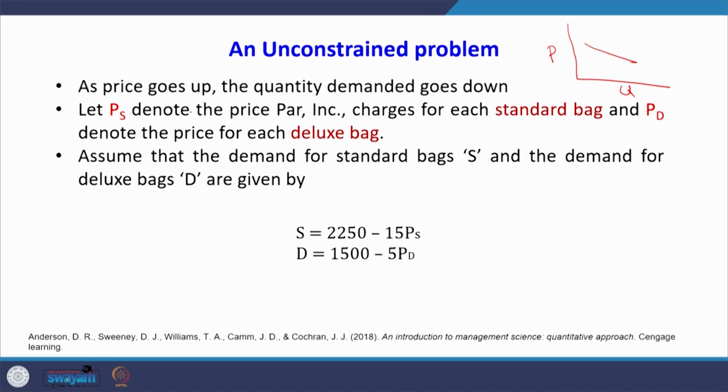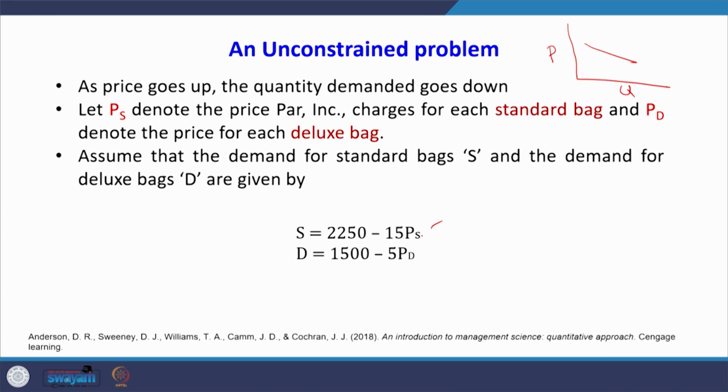Let PS denote the price that the company charges for each standard bag. The price of your standard bag is called PS, and PD is the price of your deluxe bags. Assume that the demand for standard bags S and the demand for deluxe bags D is given by these equations.